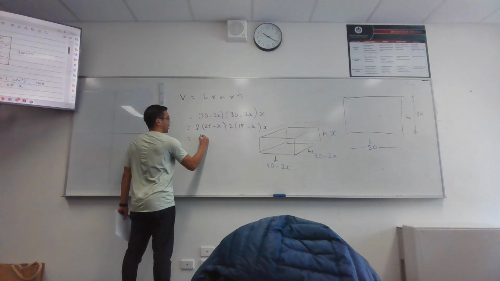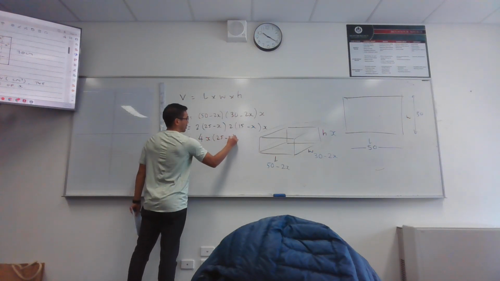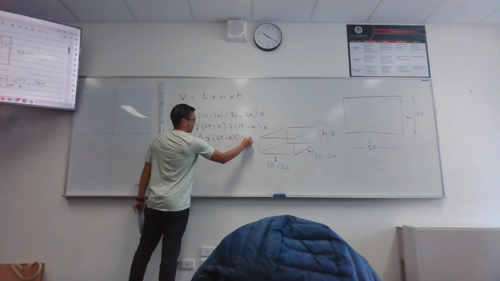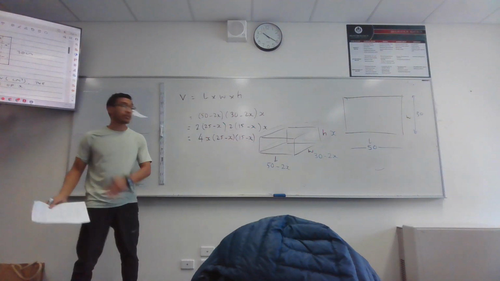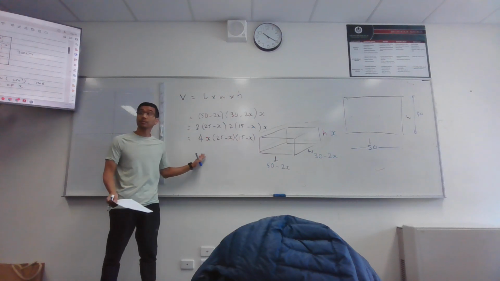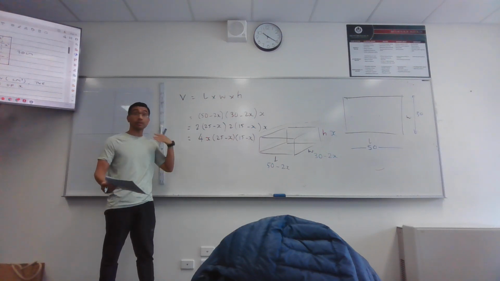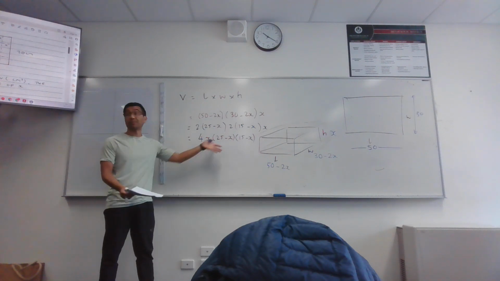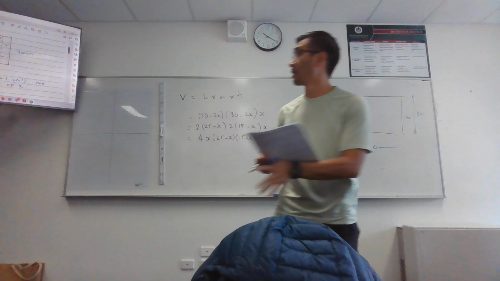And then we can once again tidy everything up. You don't have to do that, but the question might say, show that you get to here. So you have to show working out to get to there. Other questions might ask you to expand everything out as well. Okay, so that question's done.